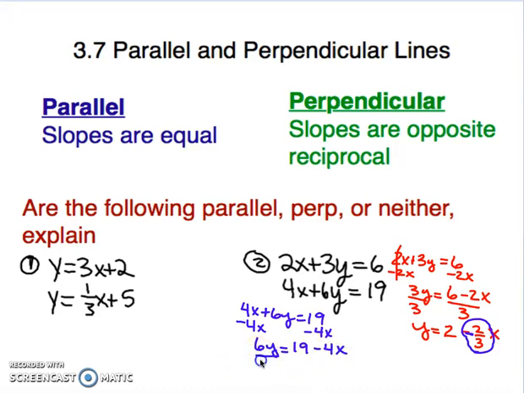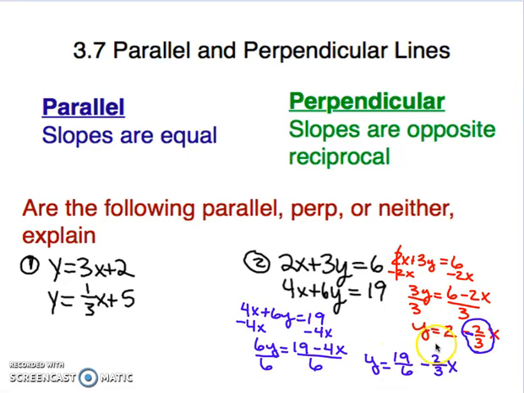Then I can divide this 6 off from both sides, and I'm left with y equals, this cannot reduce down, so we would just write it as 19/6 minus, this can reduce down, so we would say minus 2/3 x.